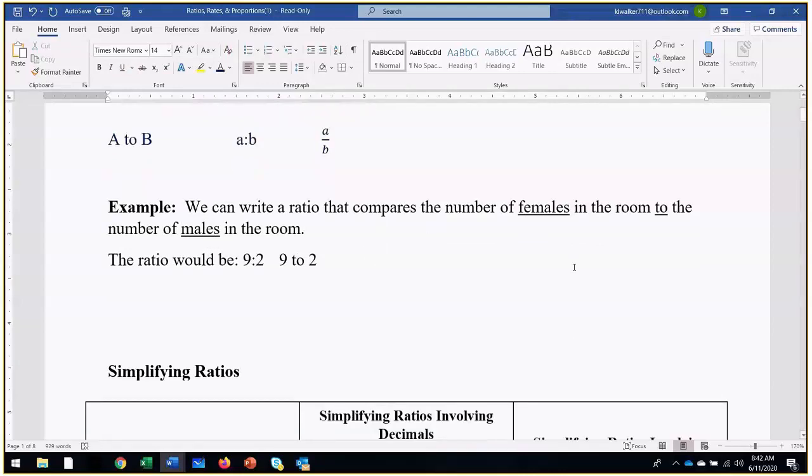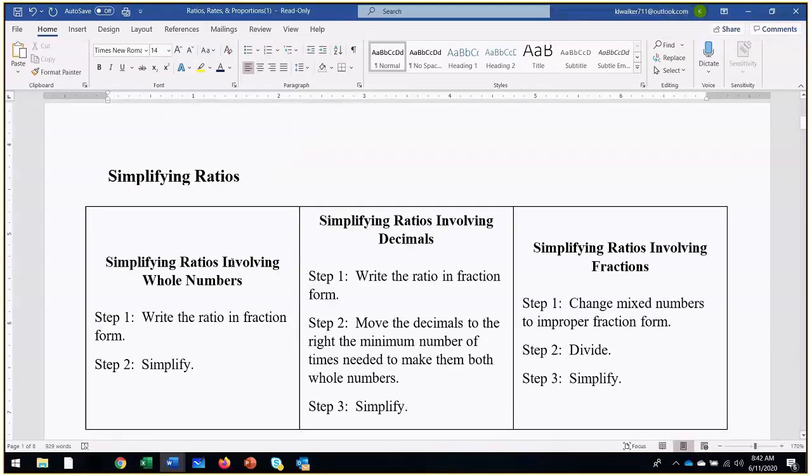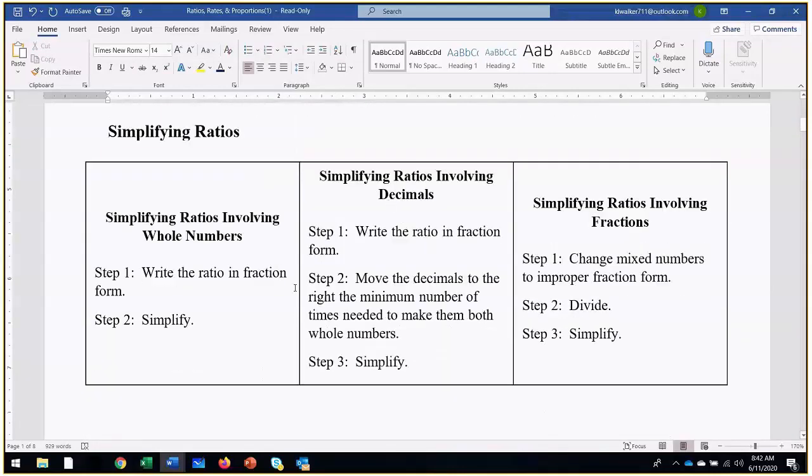Okay, now, here's where actual calculations will come in. Oftentimes, ratios are given either too large or too small, and we have to go one way or the other. So if you're given a ratio that's too large to work with, you can simplify it. So basically, you're going to treat these like they're fractions.